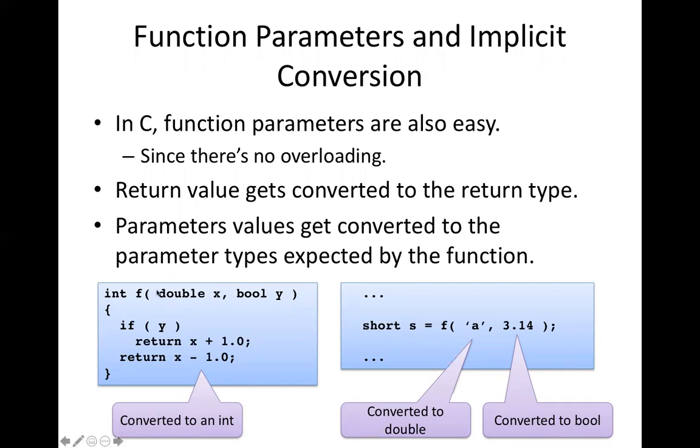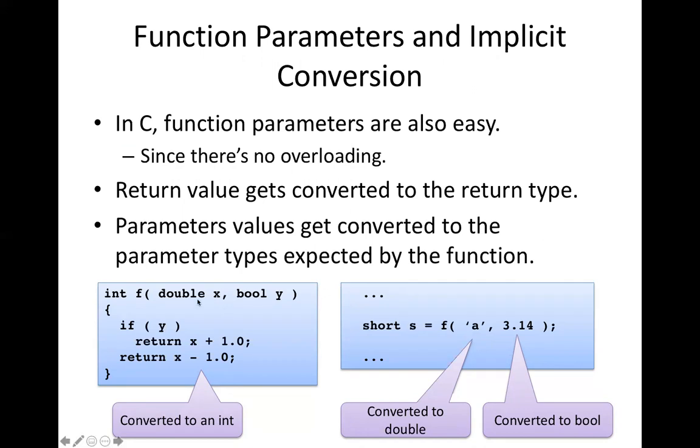If I define a function that says it takes a double and a bool, and then I call it with two different values, say a char and a double, well, since this function has to take values of these types, the compiler will automatically convert so that it can call the function. So this char will get converted to a double, and even this floating point number will get converted to a bool. Same thing happens on return.